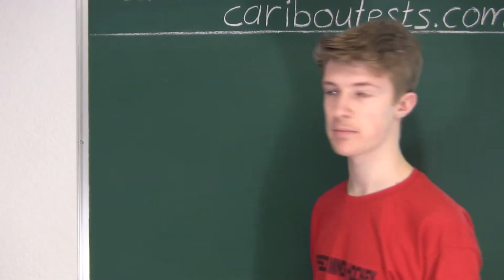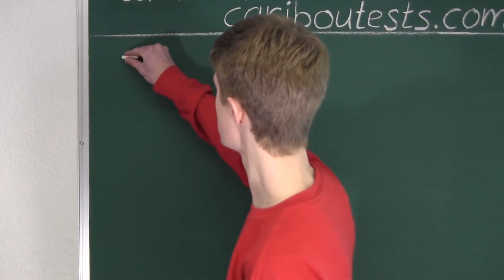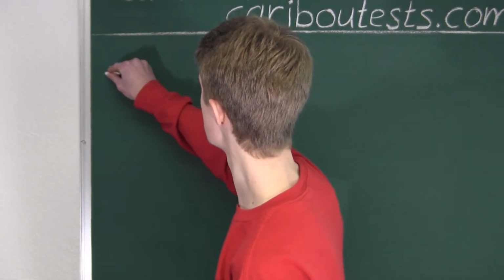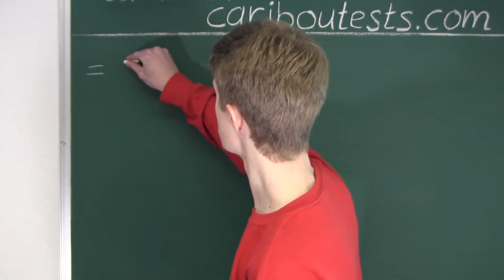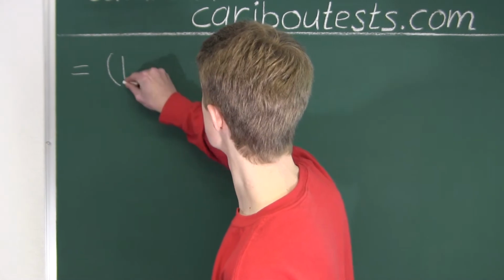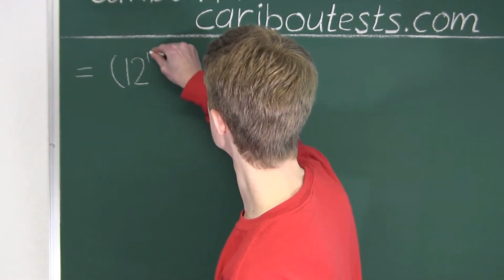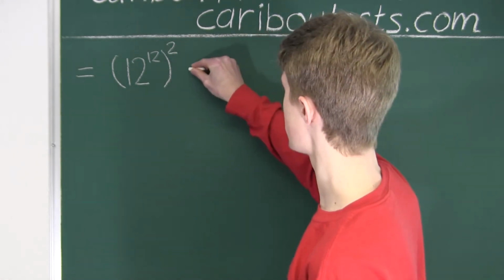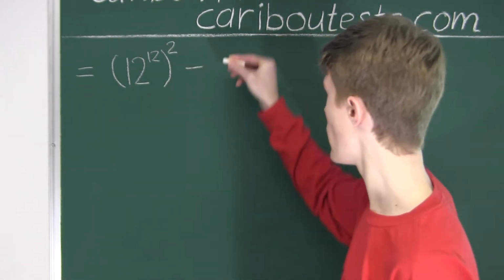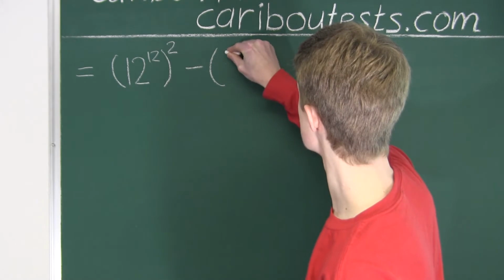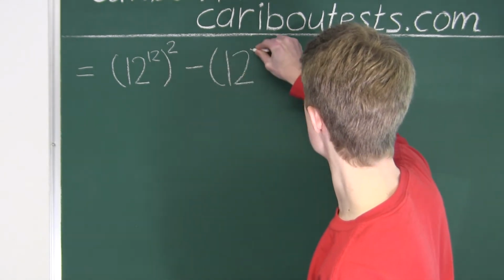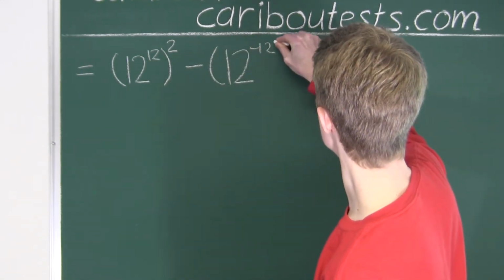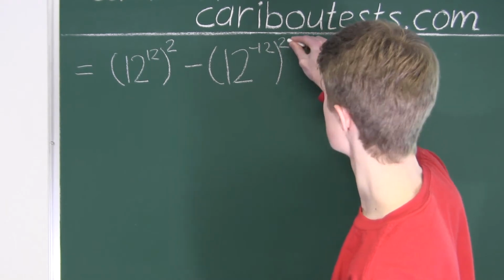Alright, now let's use that. So we have x squared, and we know that x is 12 to the power of 12, and that is all squared. And we have that minus y squared, and y is 12 to the power of negative 12, and then all of that squared.